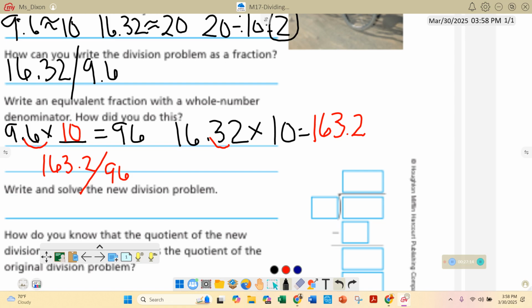All right, so again, your divisor is now 96. It's a whole number. We move that decimal 1 place to the right to turn 96 into a whole number. But your dividend still has a decimal in it.